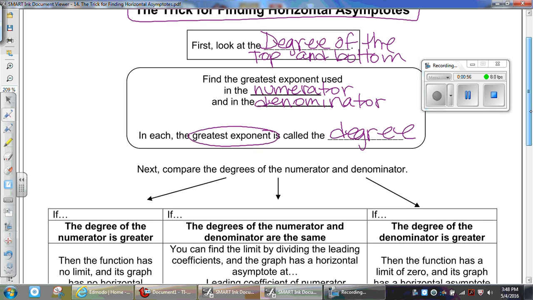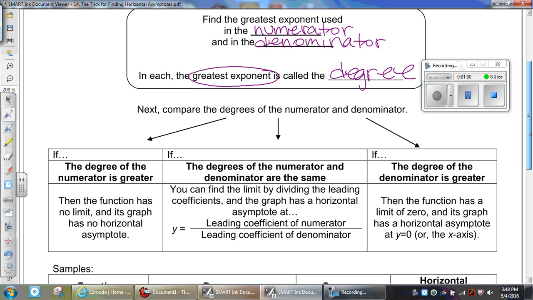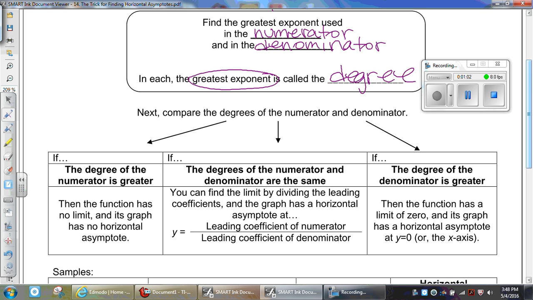And so if we consider that, if they're the same degree, or one is greater, here's where we have our three cases. And I say three because it's 1, 2, and 3. Right here you can see it with the arrows. So if the degree of the numerator is greater, I refer to this one as top heavy.